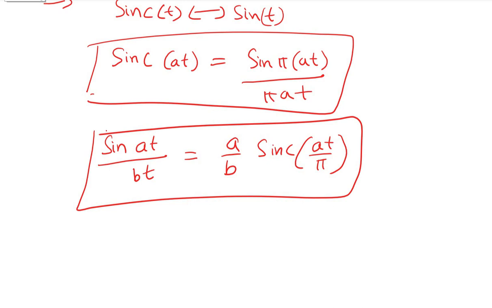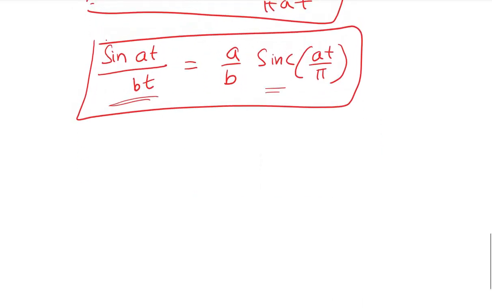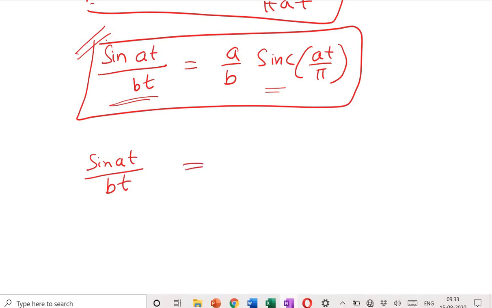There's a very good shortcut trick that we can use to convert a sine function into a sinc function. Let us see how. Let's take the same example, that is sine at divided by bt. This is a general sine function given to us, and we need to convert it into a sinc function.